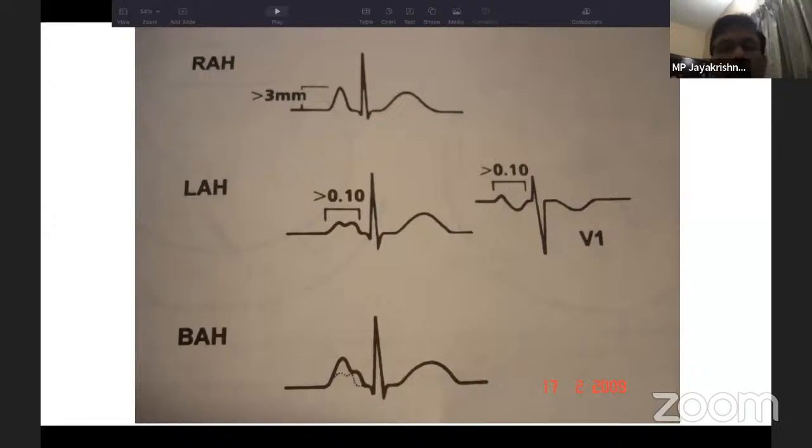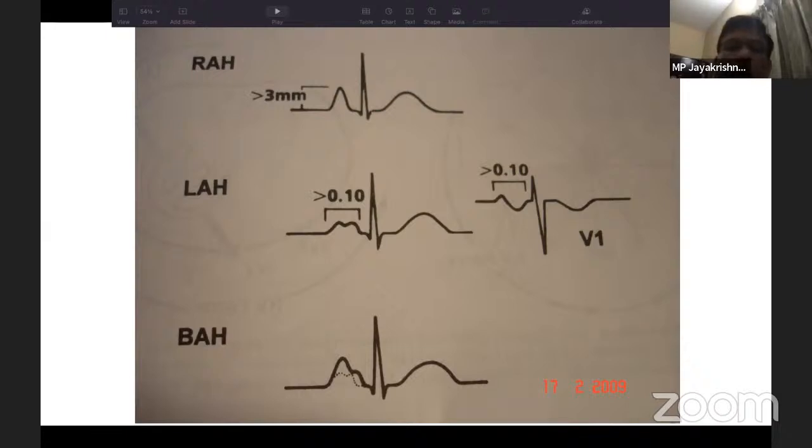So if it is more than 2.5 divisions wide, you take it as a sign of left atrial hypertrophy. As you can see there in V1, P waves have a positive and a negative component. And if there is significant left atrial enlargement, the negative component will be very wide, like you can see, the positive and the negative part there.